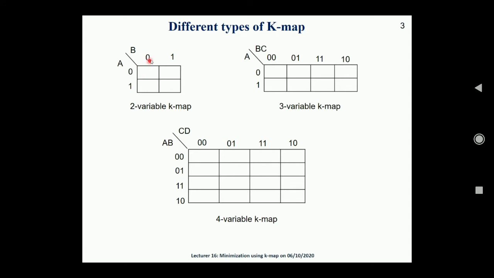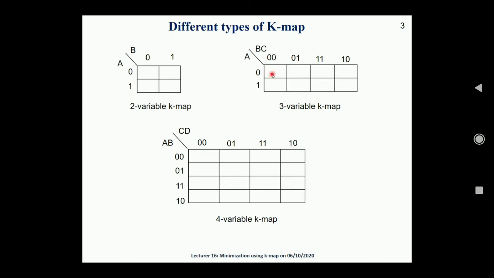AB value is 0, 0. When we are considering this particular cell, A value is 0 and B value is 1, that means 0, 1. When we are considering this cell, A value is 1 and B value is 0, that means 1, 0. And for this cell, A value is 1 and B value is 1, so this one is 1, 1.